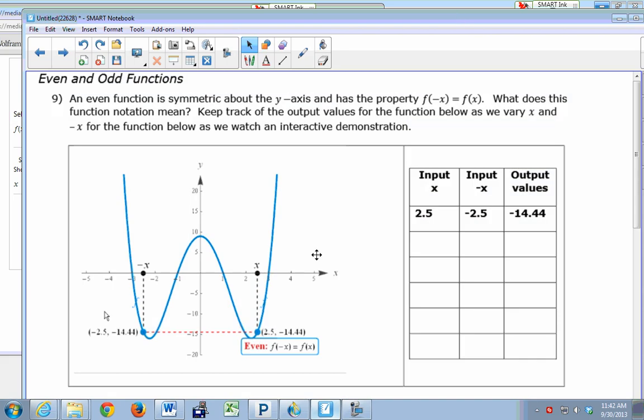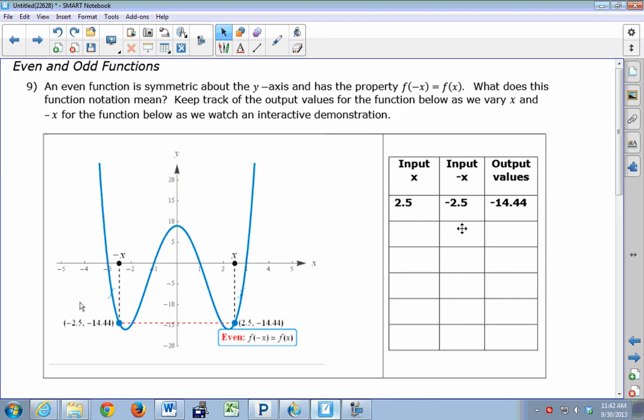So the first point I have here is 2.5 and -2.5. Let's take a look at this definition first. It says an even function is symmetric about the y-axis.